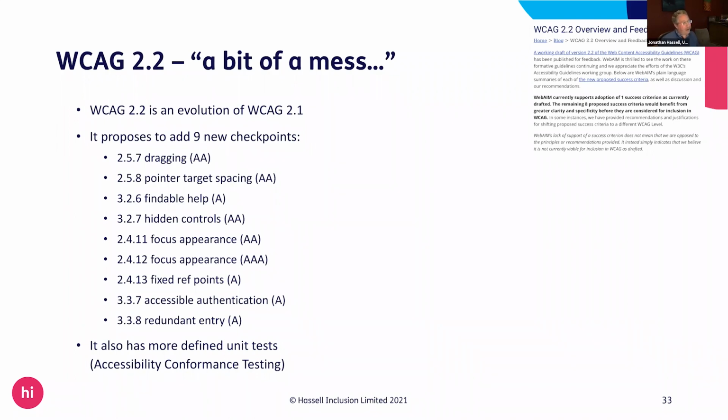The ideas behind it are good, but the execution is leaving a lot to be desired at the moment. The other thing, which most people will probably forget, is that it's also defining a number of unit tests, which will be helpful for people who are creating automated tools or people who are training people in how to test things.